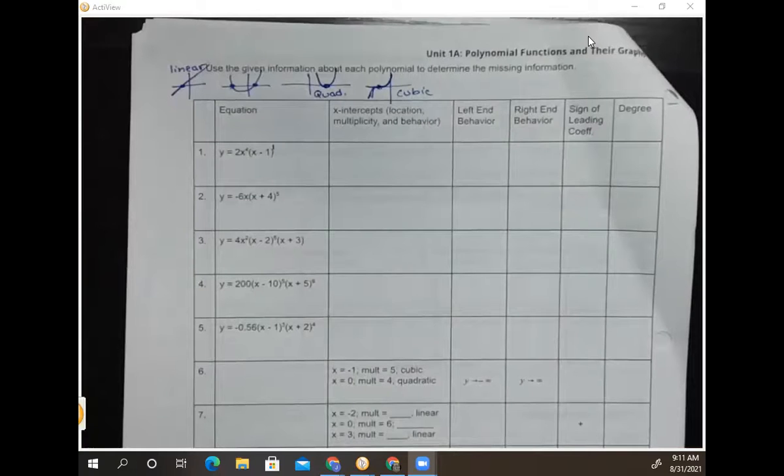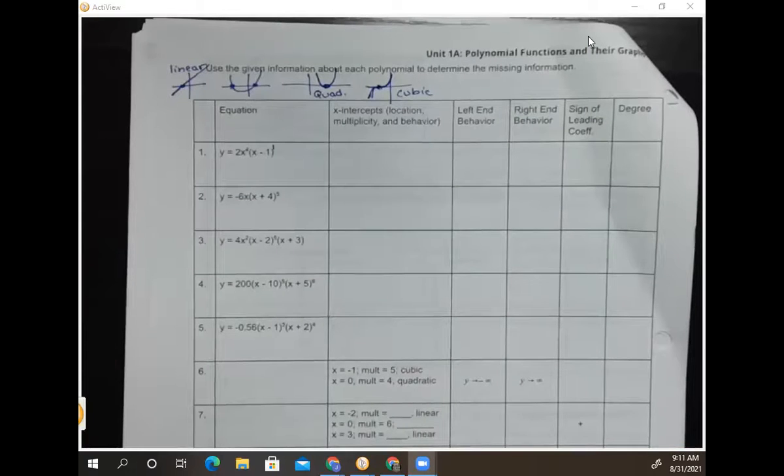So what we're going to do now is put everything together: the location of x-intercepts from factored form, the multiplicity you just saw in your notes, and then that older stuff that we've talked about, degree, sign of leading coefficient, and how that impacts end behavior. So everything that we've seen so far is coming together here.